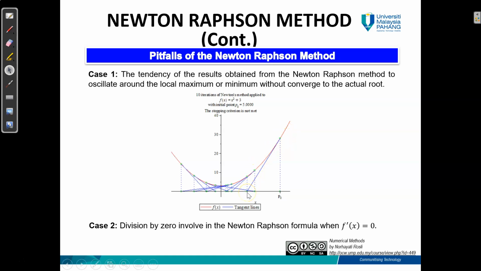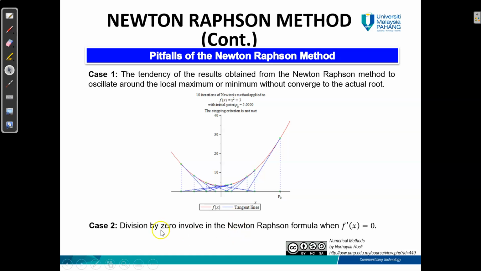Then from here we draw a tangent line, we get this root, and then we draw a tangent line again, it will go back to the initial guess. That is, it will not converge to the actual root. So it will oscillate around here, which is one of the problems of the Newton-Raphson method.